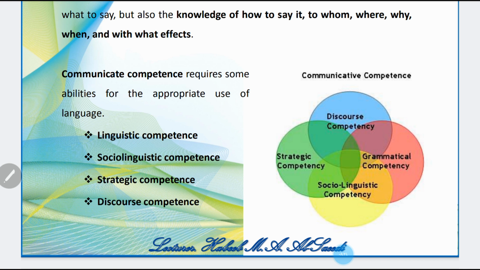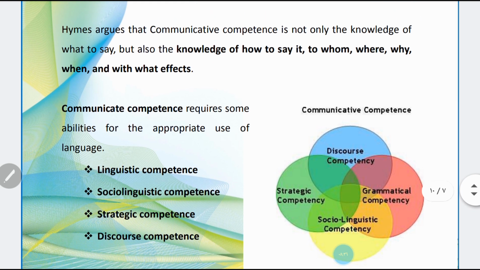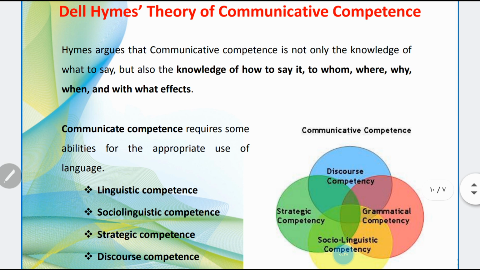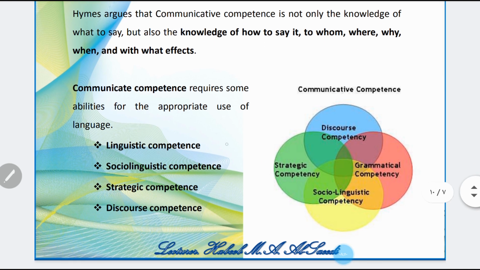In addition to linguistic competence, the speaker or the learner should have sociolinguistic competence, strategic competence, and discourse competence. So this is Hymes's theory, which emphasized that communicative competence requires more abilities for the appropriate use of language, and they are these 4 dimensions.